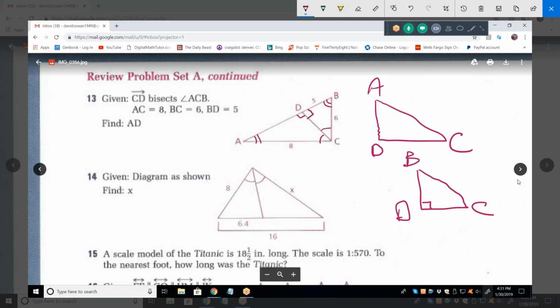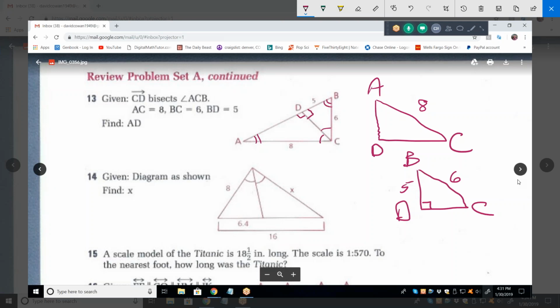And that makes A equal to B, right? So I've got it drawn properly. And now it's easier to see. I know that that's 5. BC is 6. AC is 8. Now I have everything I need because they're similar triangles.